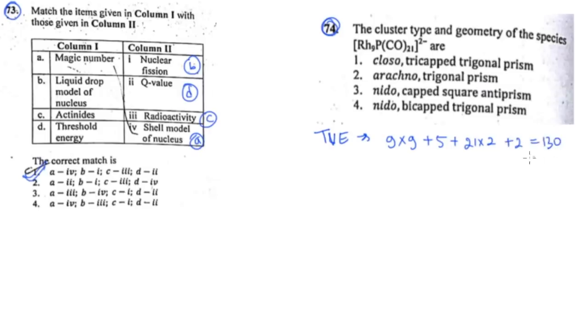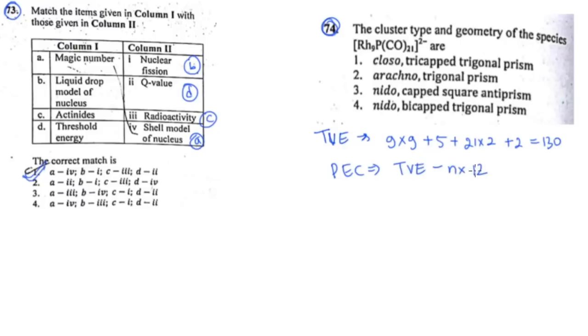If you do that, you will get 130. Now you need to calculate a term called PVE, or PEC. The PEC of a particular complex is calculated like this: TVE minus N into 12.